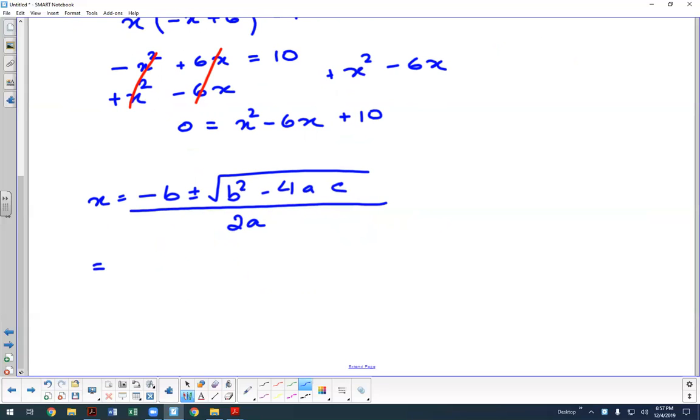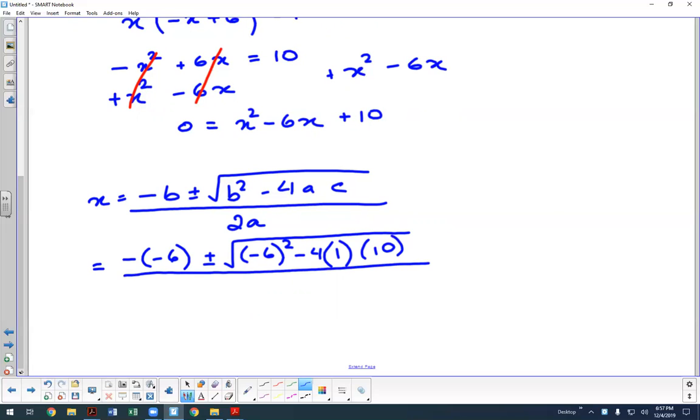Okay. So that's negative of negative 6 plus or minus square root of negative 6 squared minus 4 times a, which is 1, c is 10, divided by 2 times 1, right? Putting in our a, b, and c values.